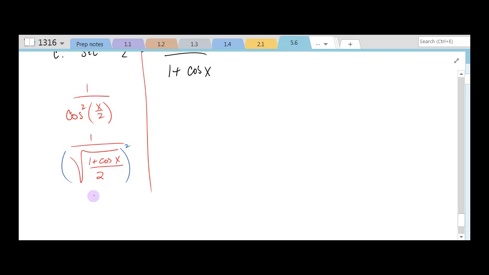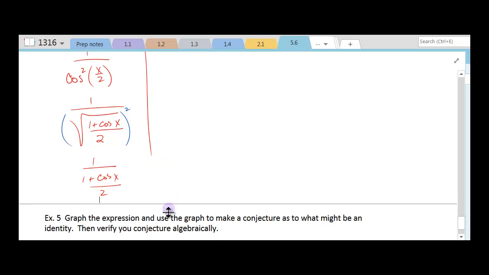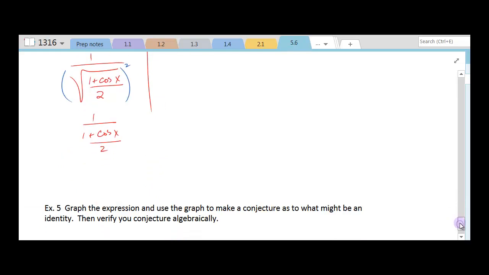That leaves me with 1 over 1 plus the cosine of x divided by 2. And when I simplify that, this 2 simply moves up here to the top, and I'm left with 2 over 1 plus the cosine of x, which is what I was trying to show. So I just showed that they are identities. I verified that they were identities.